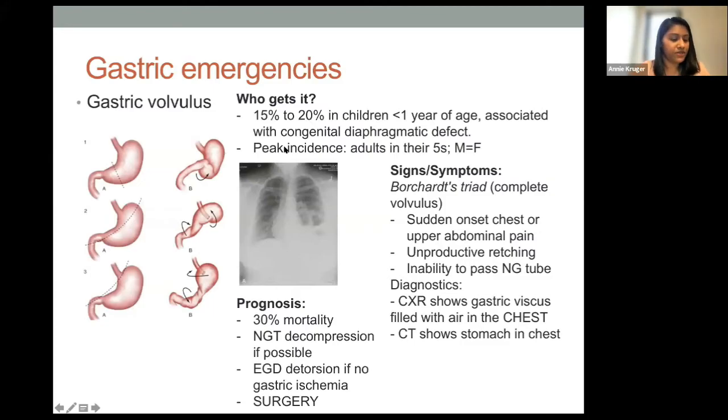Gastric volvulus is actually a very common gastric emergency in certain populations. We see a lot of this in patients who are residents in homes, and patients with Parkinson's disease and stuff like that. So people who have a lot of stasis, they're just not moving a lot.